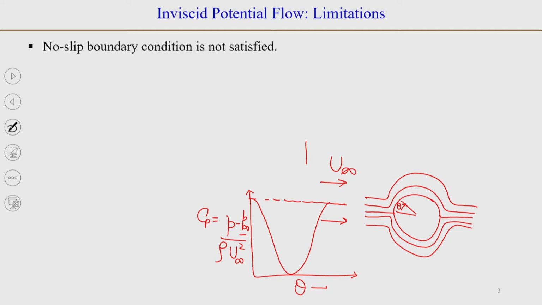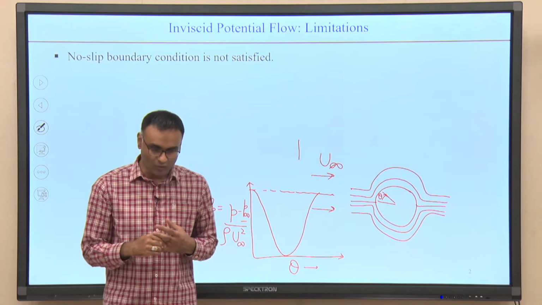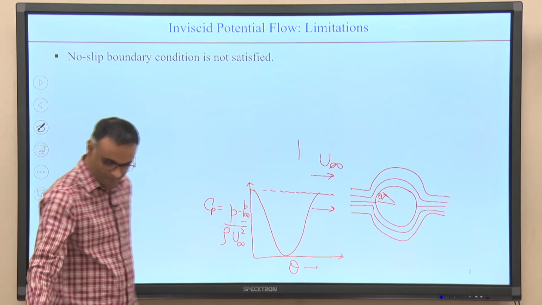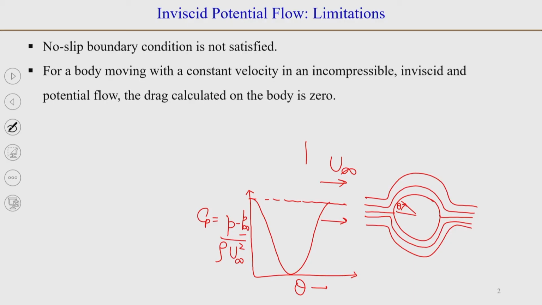So, the pressure is symmetric, and in the potential flow, because the flow is inviscid, the viscous drag is 0, and as a result it can be shown that for a body which is moving with a constant velocity in an incompressible inviscid and potential flow, the drag calculated on the body is 0.